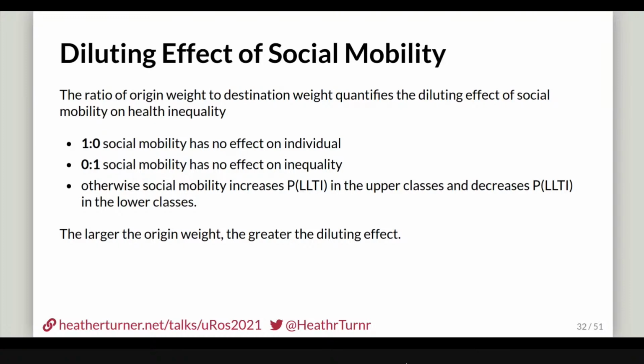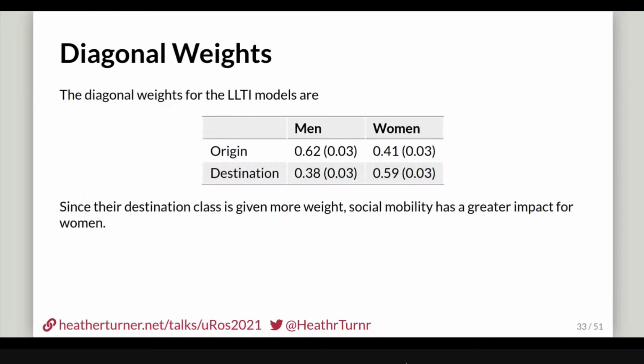And in all the in-between cases, social mobility increases the probability of long-term limiting illness in the upper classes and decreases it in the lower classes. And the larger the origin weight, the greater the diluting effect. So in these data, we see that the origin effect is bigger for men and the destination effect is bigger for women. So since the destination class is given more weight, this means that social mobility has a greater impact for women.